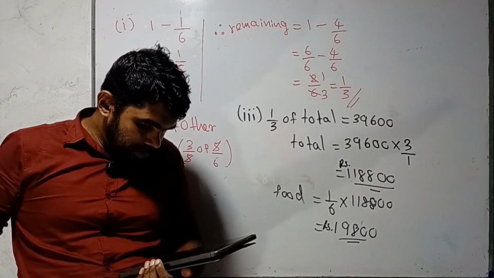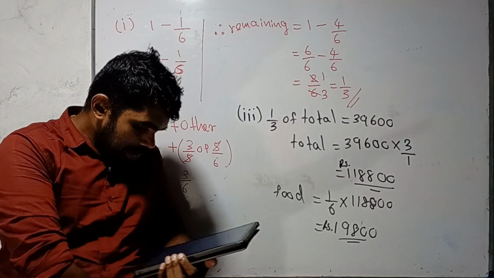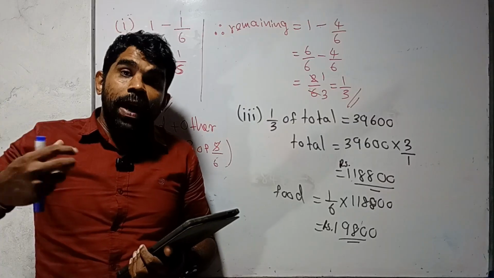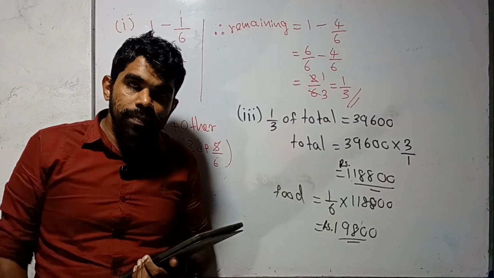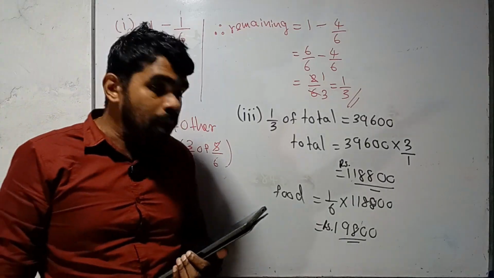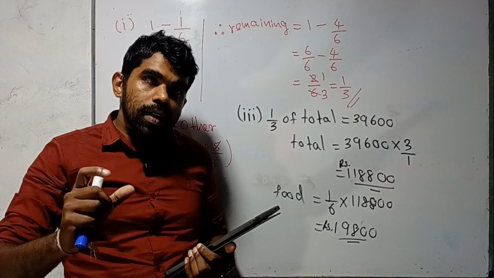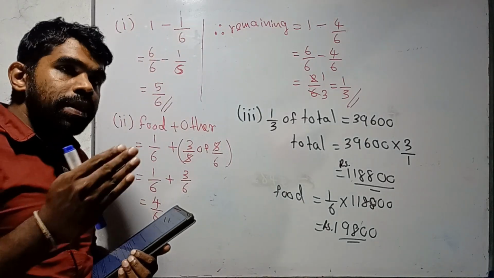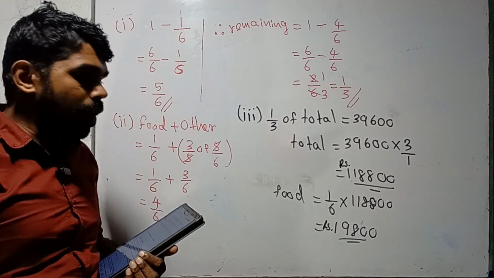Then part 4. What was his salary before paying tax? To find the salary, we have to get the taxable amount. We know that the first 100,000 rupees is a tax-free amount.